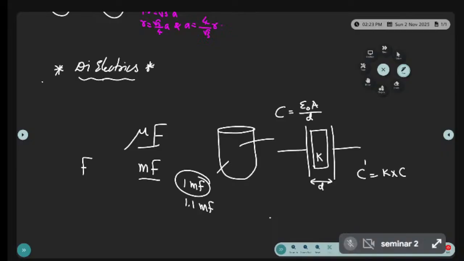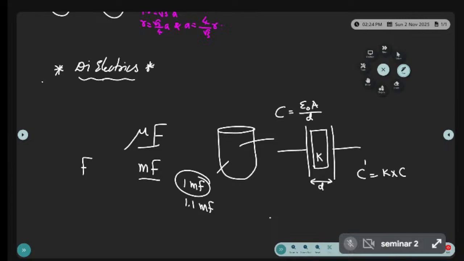So what are the uses of dielectric materials? They are used to increase the capacitor's capacitance. Dielectric materials are used to increase the capacitor's capacitance. Okay, clear? Every material's dielectric constant K will be given, and by substituting you can find it.